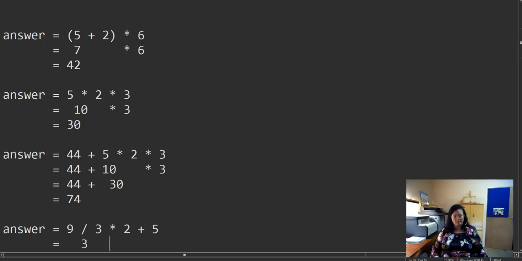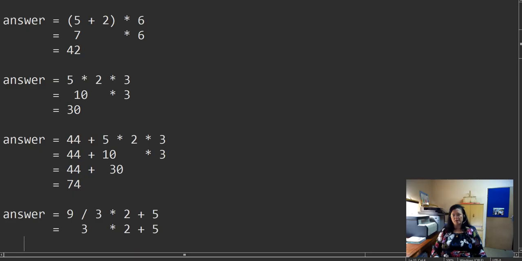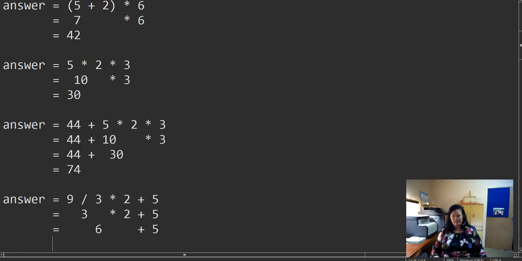And I've got the multiplied by 2 plus 5. That still needs to happen. I'll show you step by step. So next step would be 3 times 2. I get 6. Add 5 to that. And now the answer would be 11. 6 plus 5 is 11.